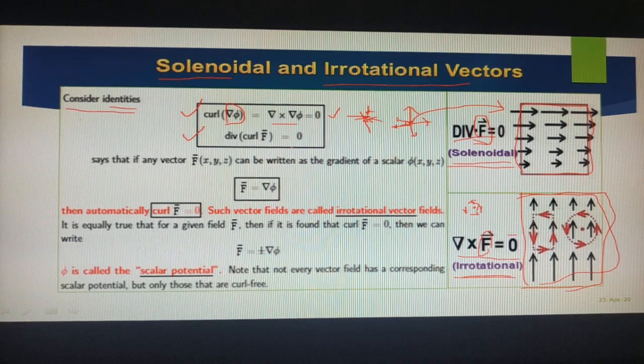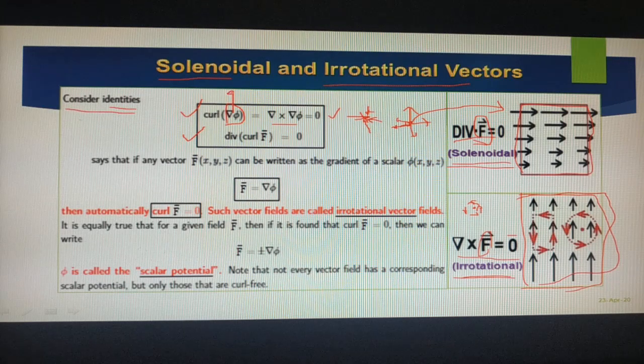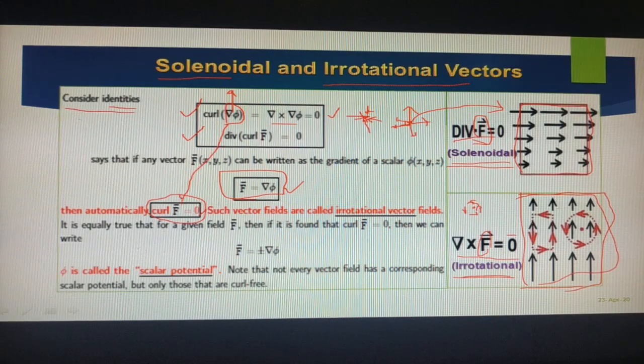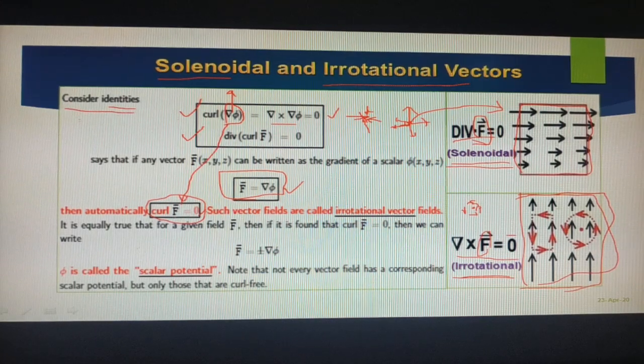When it is happening, as you know, del pi is nothing but some vector quantity. If you take that vector field F bar equal to del pi, definitely your curl F bar will become 0. In place of F bar, if you take del pi, then curl del pi is equal to 0.